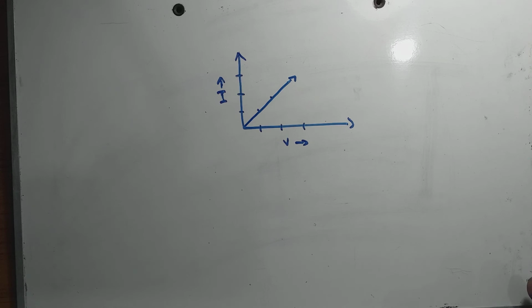And the voltage, you are increasing the voltage, but the current will not increase in the same amount because the resistance is increasing, and due to the resistance in the conductor the current will decrease.